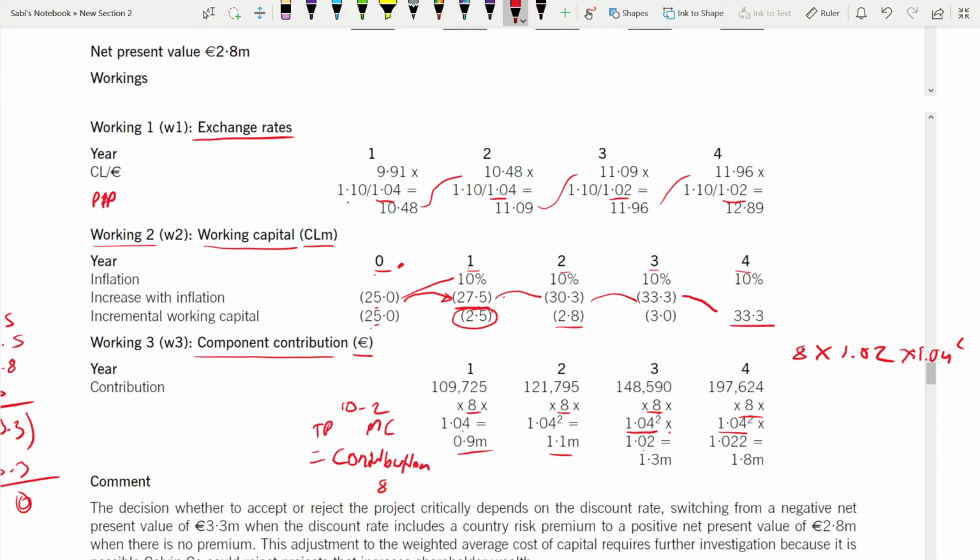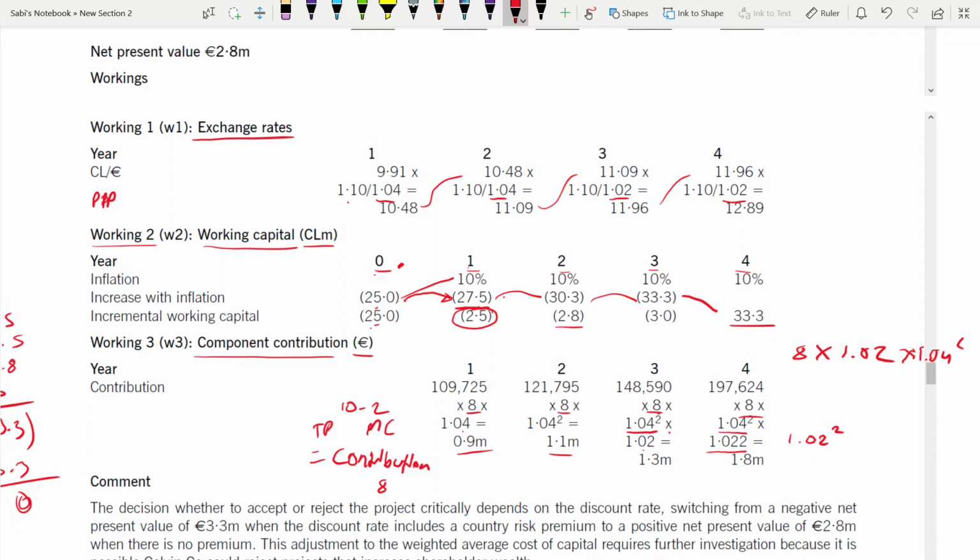Because here it will not be to the power of 3, it is the same, because you are not inflating. The fourth year inflation is this one. This is not 1.022, it is 1.02 to the power of 2. It's a printing mistake, or maybe they were not able to show it, but it is 1.02 to the power 2, not 1.022.